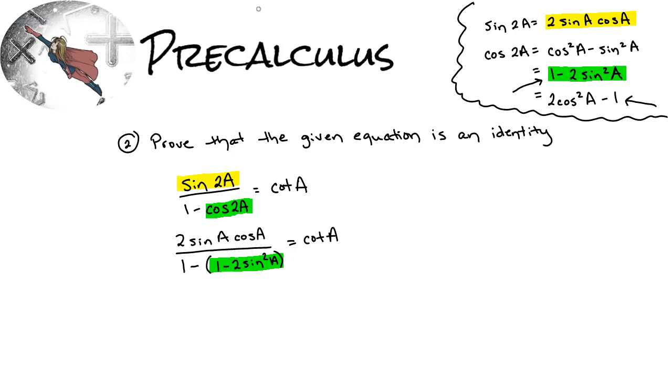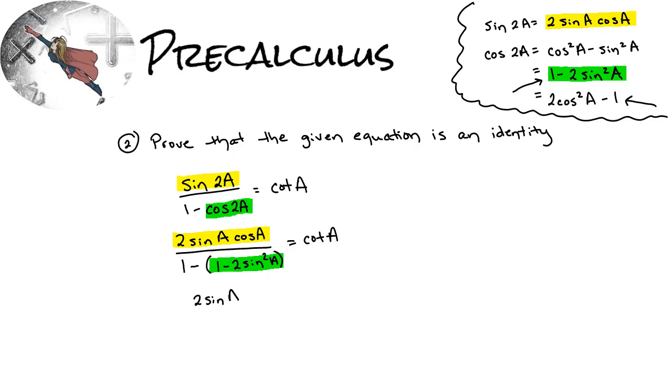Okay, so that became that. All right, so the yellow became the new yellow, and the green highlighted part became the new green that I picked. So now we're going to simplify the denominator.